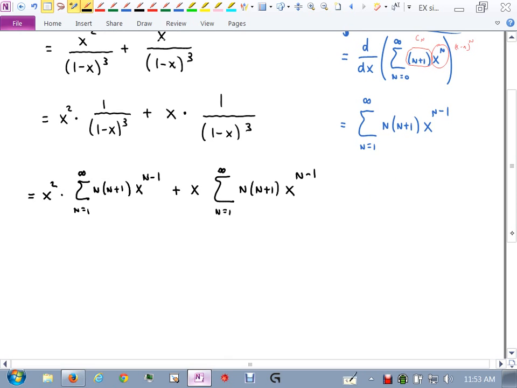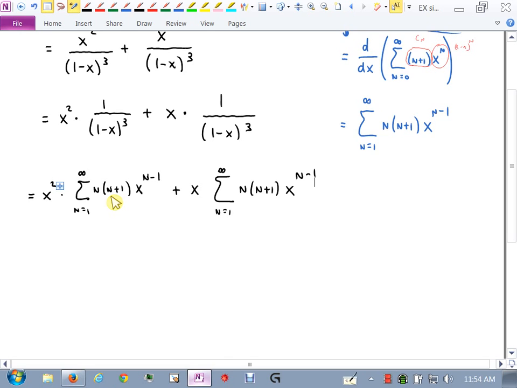Our ultimate goal here is to get a single power series. And right now we have 2, and not only that, we have x's out in front of these, right? So look, remember, this is a power series, right? If I were to expand this out, I'm just making it up, it would be something like 2 plus 3x squared, blah, blah, blah, right?